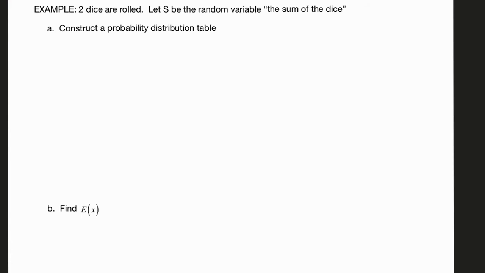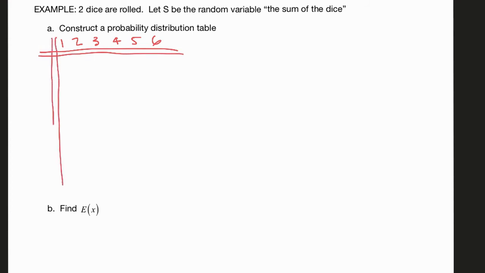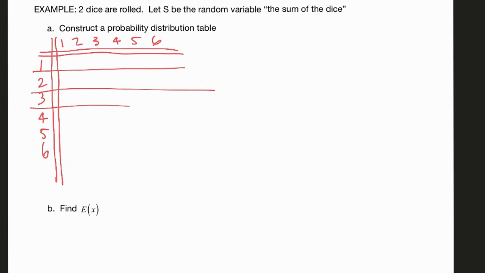So you could get a 1, a 2, a 3, a 4, a 5, or a 6 on the first roll. And then you could get a 1, a 2, a 3, a 4, a 5, or a 6 on the second roll.